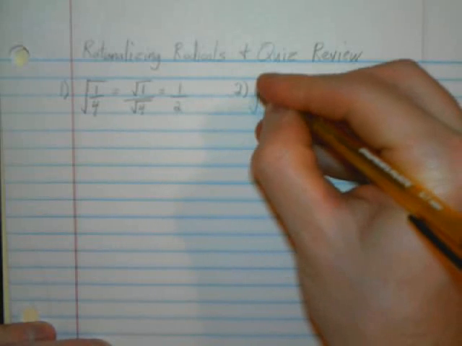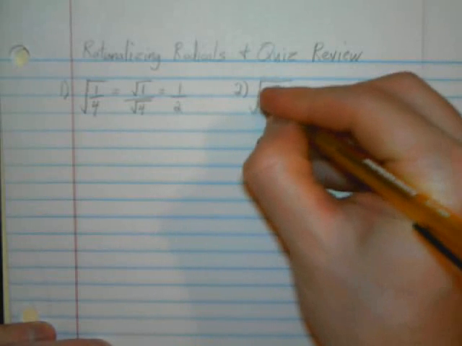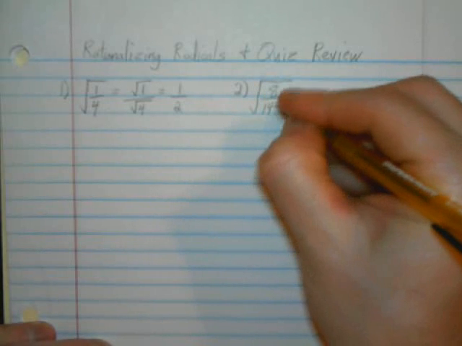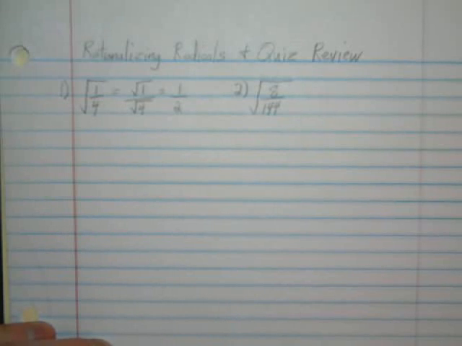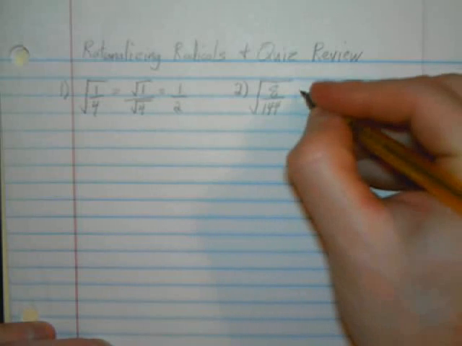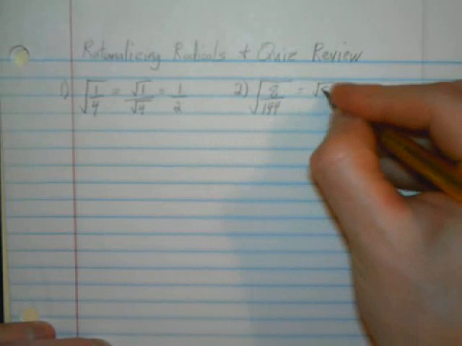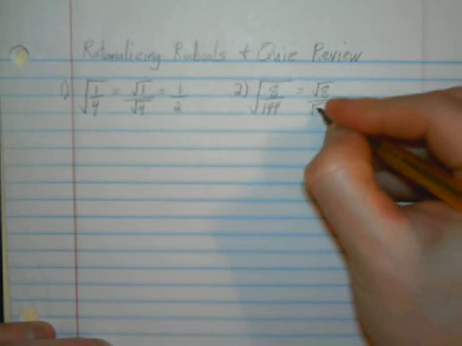Problem 2, very similar. We have the square root of 8 divided by 144. Now, you can look to see if 8 over 144 might reduce to a nice fraction, but I see 144 there, and so I'm going to go ahead and split that up.